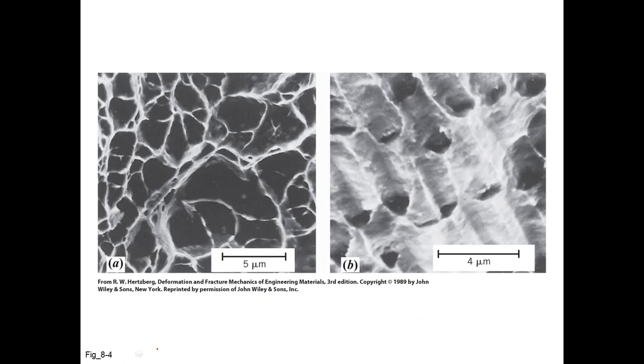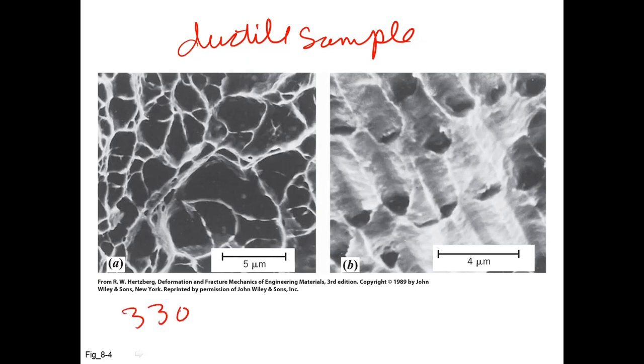So if we start peering down at the micro level, this is figure 8.4 showing a ductile sample, at about 3,300 magnification here, 5,000 magnification on the right, and we start to see some rather unique features on these samples.